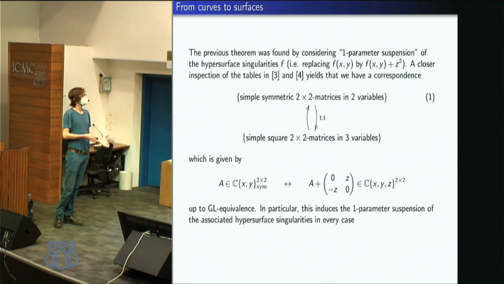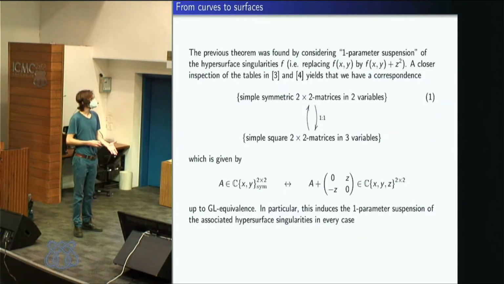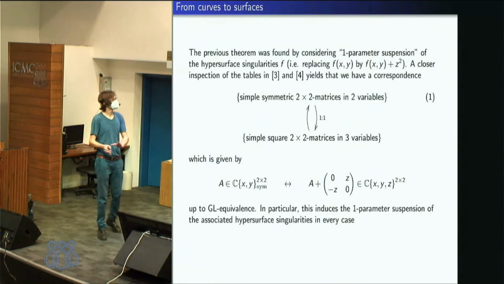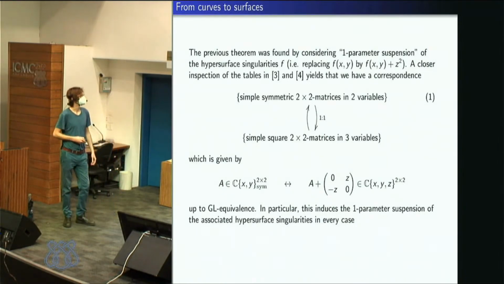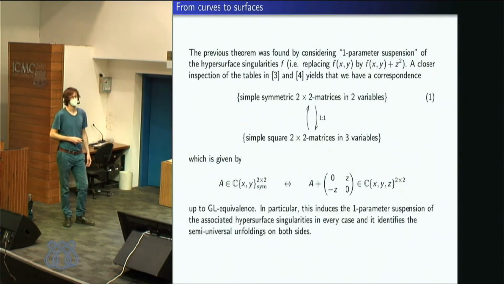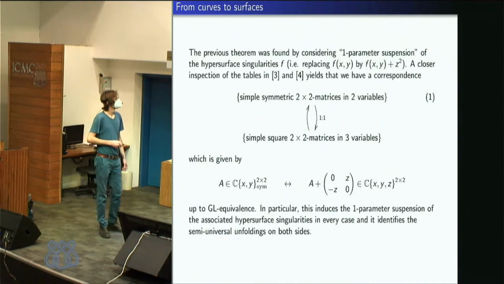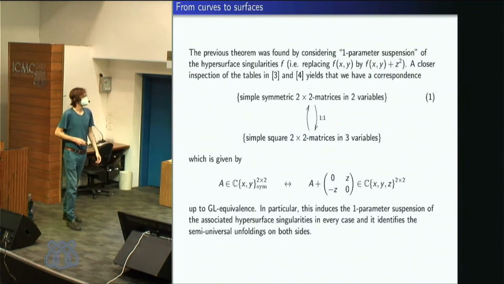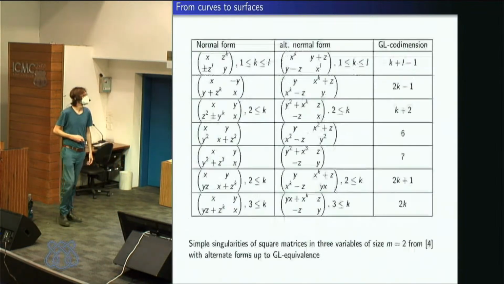So for the 2x2 matrices, you could even say that this was not only about curves, but you can reinterpret the whole story for surfaces. For the 3x3s, it's more difficult, or it doesn't work this way. And in particular, this correspondence identifies the semi-universal unfoldings on both sides.